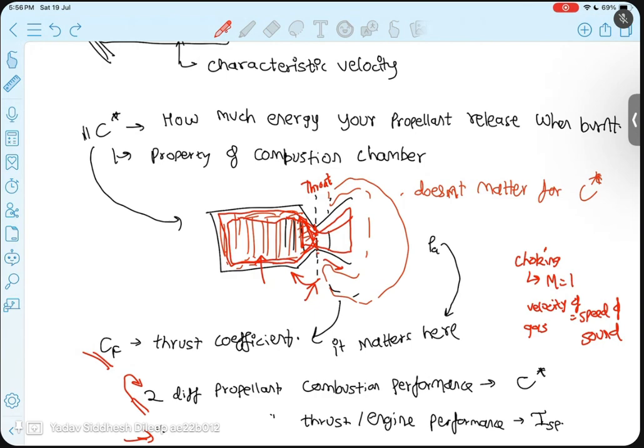The definition I've written on the screen: how much energy your propellant releases when burnt, or basically to what velocity. I mean, it's the same thing. To what maximum velocity you can accelerate your combustion gases is called the characteristic velocity. I mean, if you take all the energy from it without any nozzle or something.